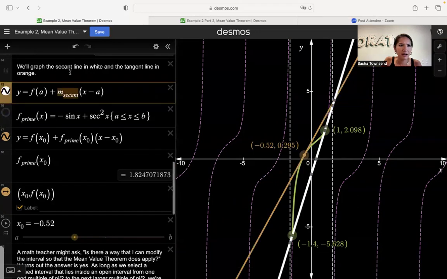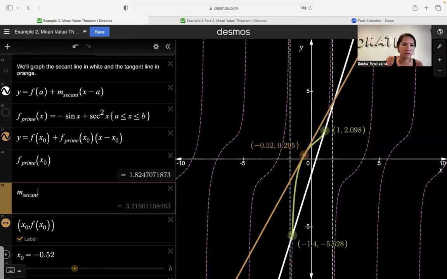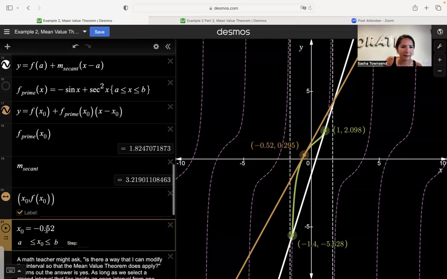Let's compare f prime to the secant. I'm looking for f prime at x naught to equal the slope of the secant. So I'll just move my slider until that happens.